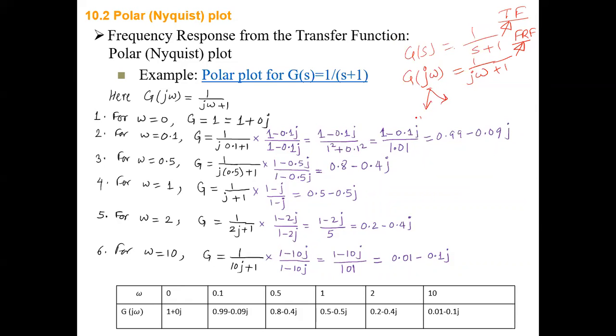What do I mean by two parts? A plus Bj. Find A and B, because this is complex, right? But how do you find the A and B of this? Help me.